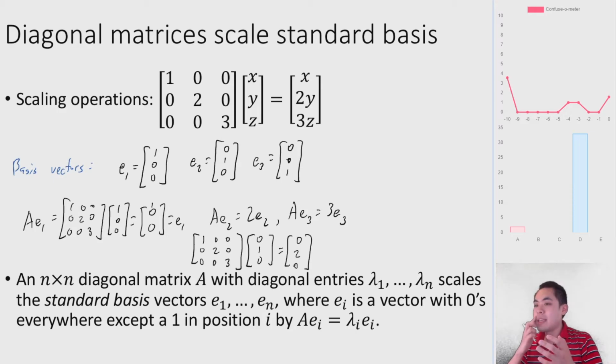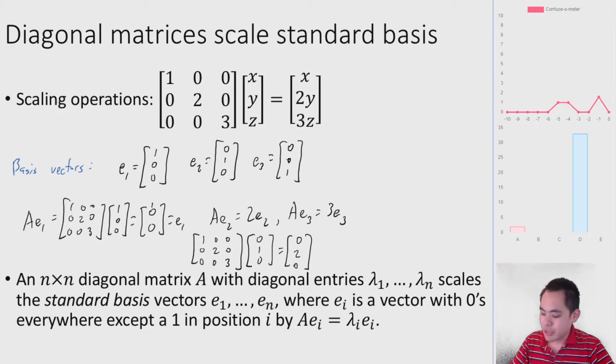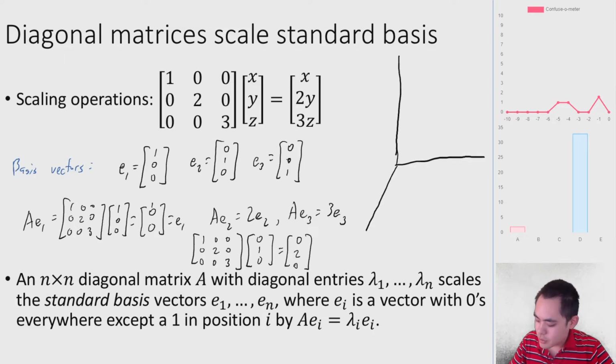So what's happening is, let me draw this geometrically. We're in 3-space, right? So this is x, let's call this one y, and let's call this one z. What we're doing is starting out with these unit vectors.